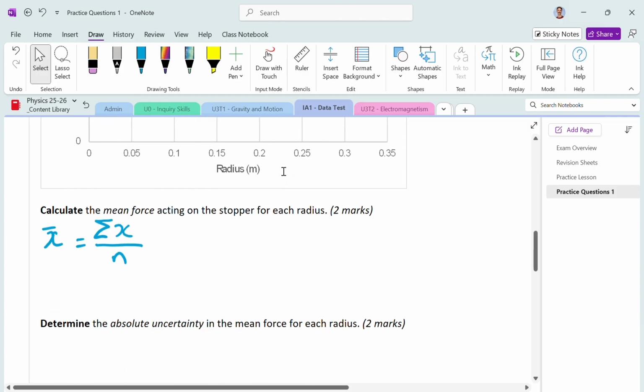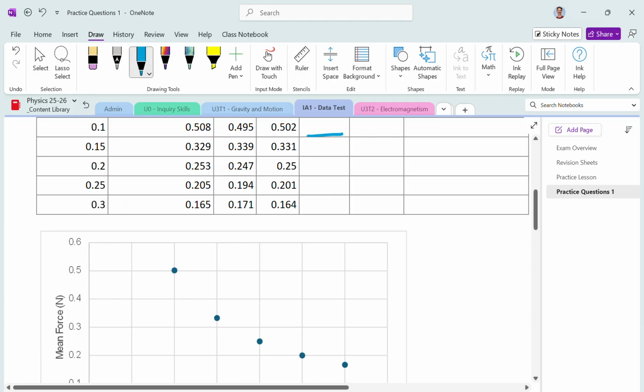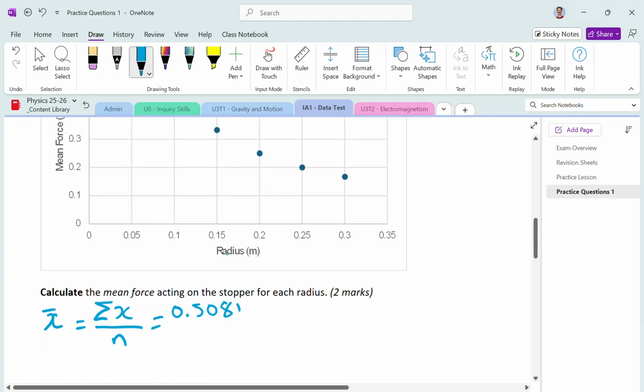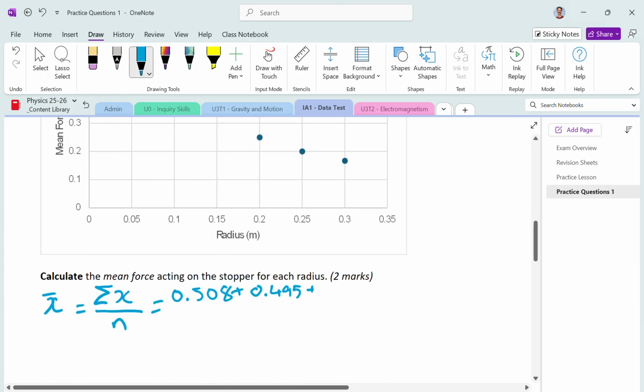So it's going to be equal to 0.508 plus 0.495 plus the last value here, 0.502. Divide that by n, the number of values. Well, there's 1, 2, 3 values. Sorry for the bad line there.